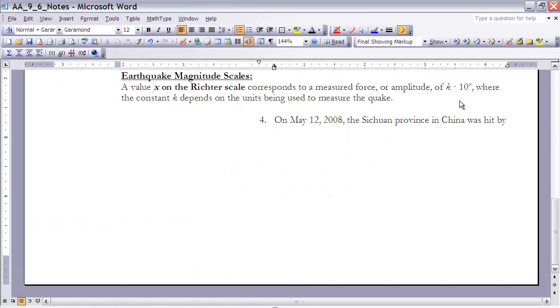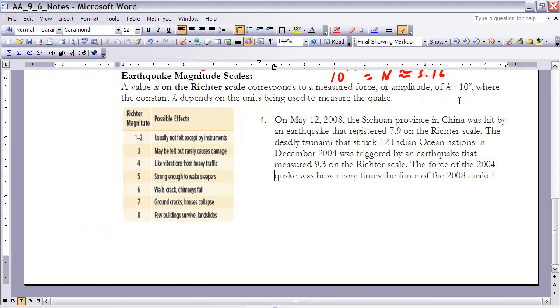The second logarithmic scale we'd like to take a look at here is the earthquake magnitude scale, and we call that the Richter scale. You probably heard that term before, whether on the news or when you've heard or read about earthquakes.